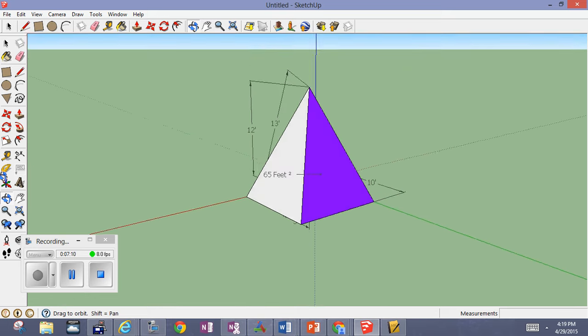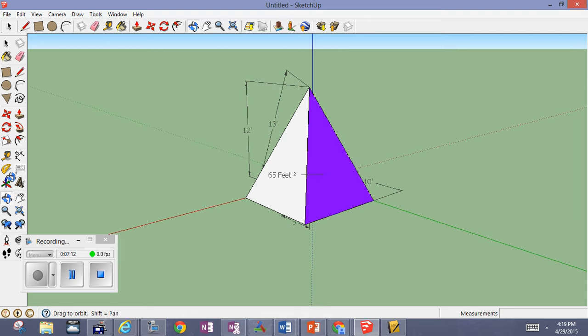So that's 4 65s, or 260, but that 260 is gotten by taking the same formula, the perimeter, which is 40, times 13, which is the slant height.